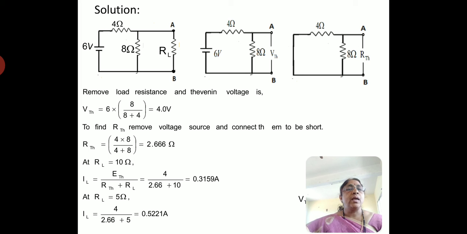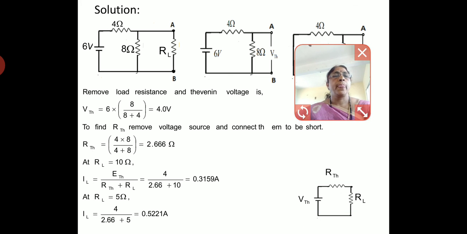Then with the help of VTH and RTH, draw the Thevenin equivalent circuit, which is shown here. And then the current flowing through the load, that is IL at RL equal to 10 ohm, is VTH divided by RTH plus RL, that is 4 divided by 2.66 plus 10, which is equal to 0.3159 ampere.